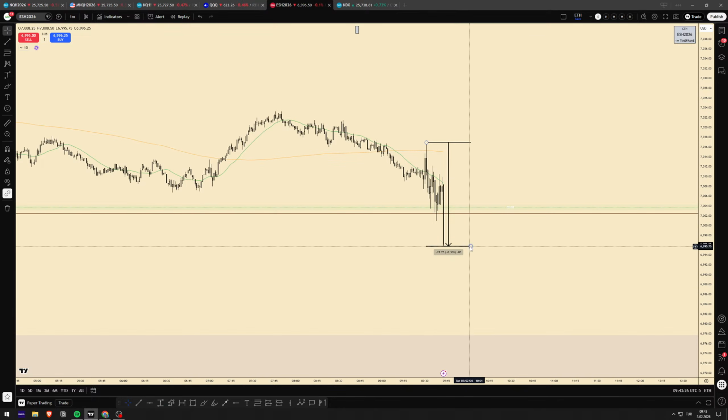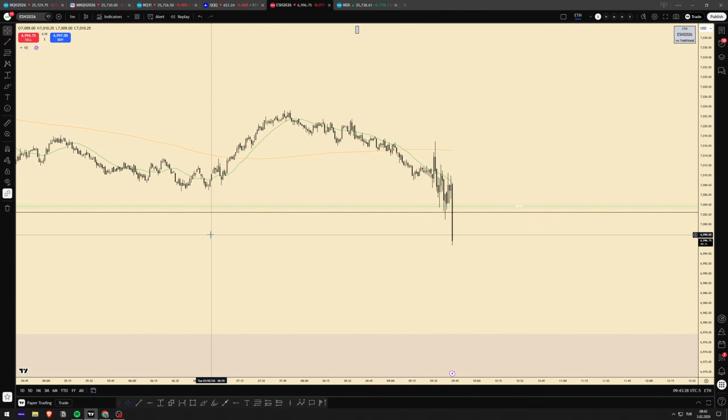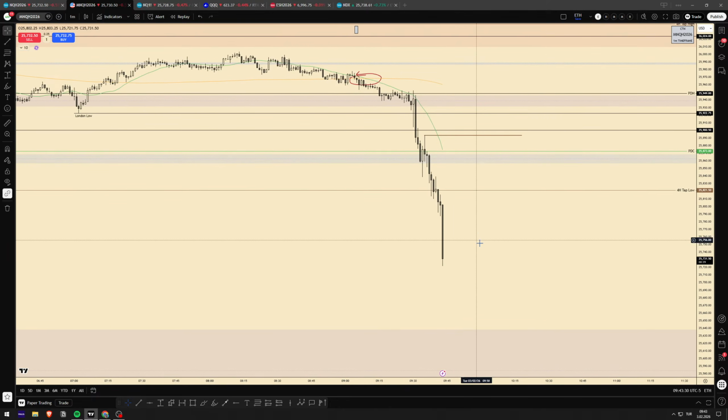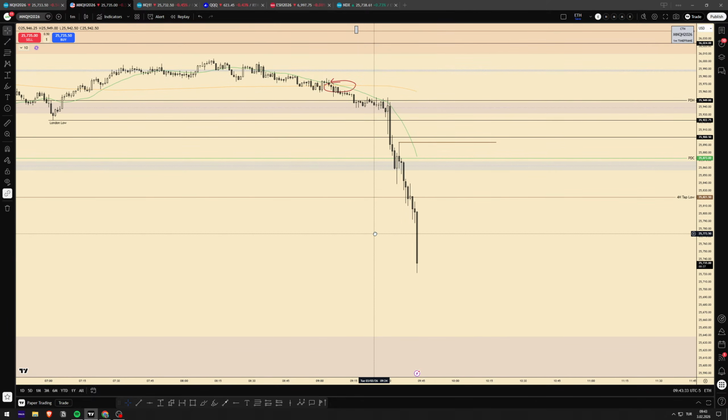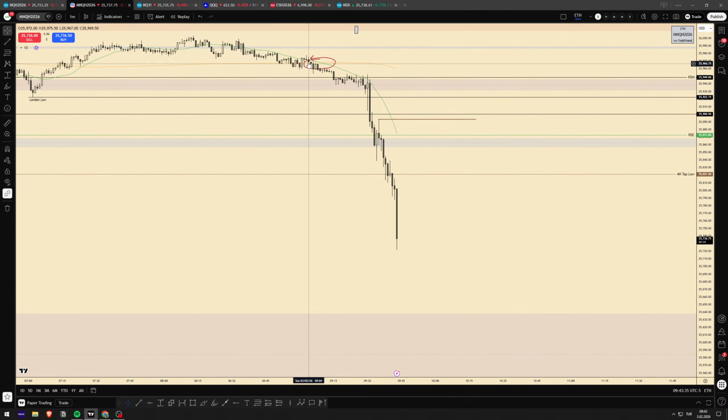This is something I don't like to see. If I am going to participate in a short setup, I would like to see both going in the same direction with the same speed, same velocity, because if both of the indices are going to the same target with the same speed, that means they are moving from a level to another level.